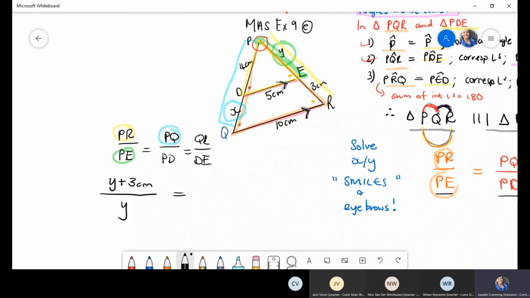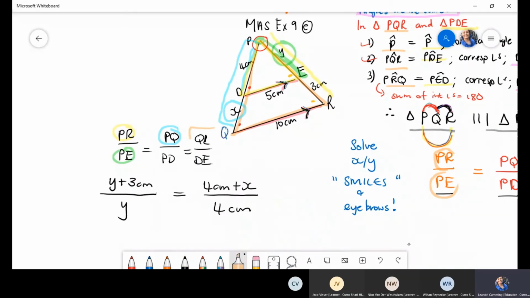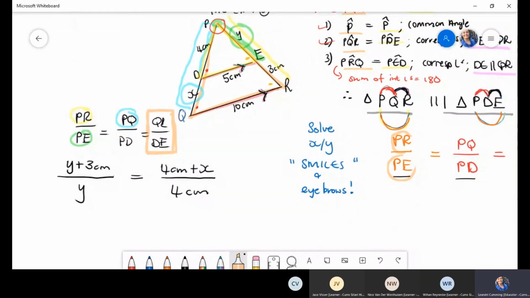PQ is 4 centimeters plus X. I'm just setting up my lengths. And what's PD? PD is this 4 centimeters here. Okay, great. I'm not going to go any further with that. I'm just going to go one step further with my proportionality that I've set up here. Sides are in proportion because they will give me a constant. And that one is going to be my intermediate length. So just continue with equating.